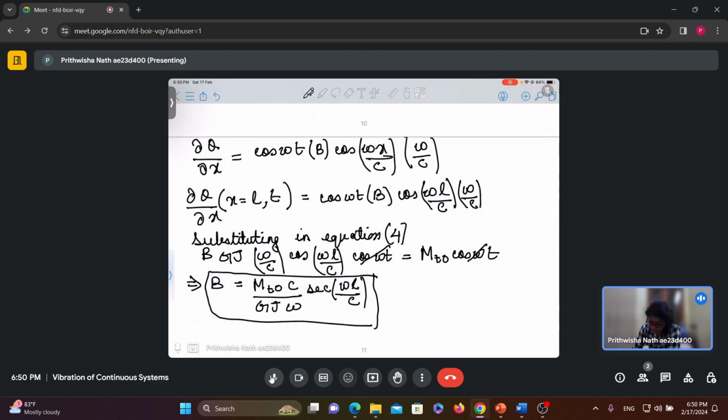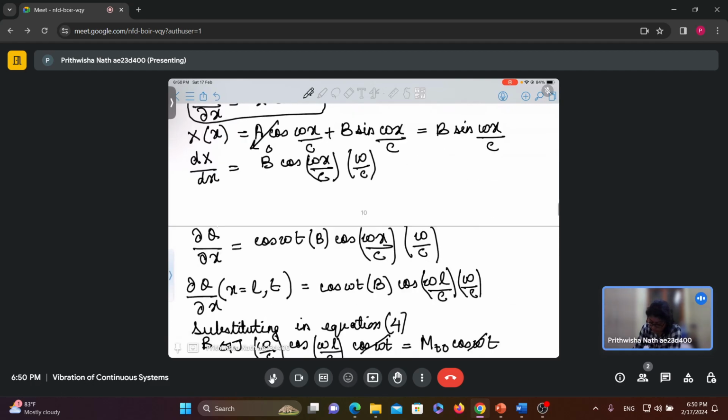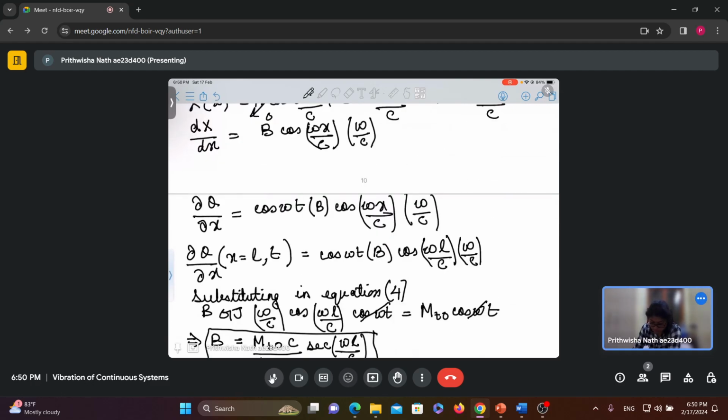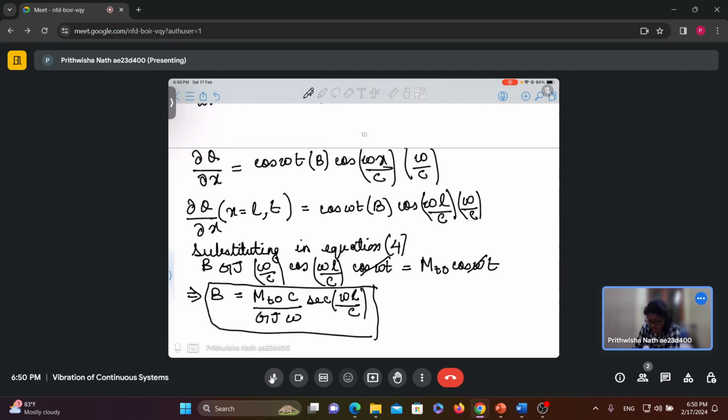Now I substitute this entire expression into equation number 4. So this becomes b into GJ omega by c cos of omega L by c into cos omega t, and that is equal to M_t0 cos omega t.